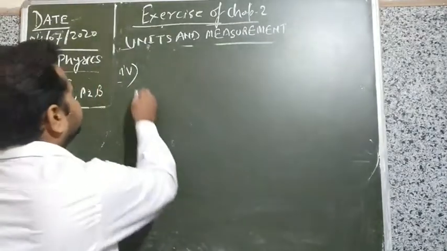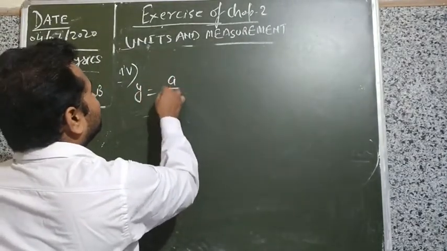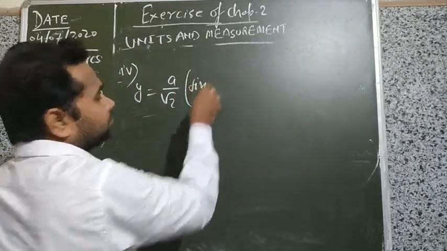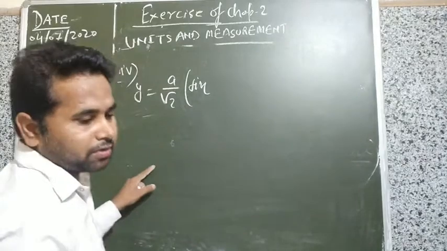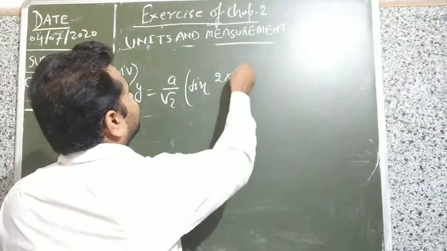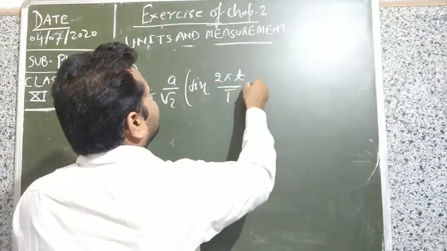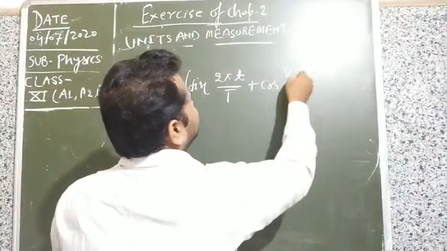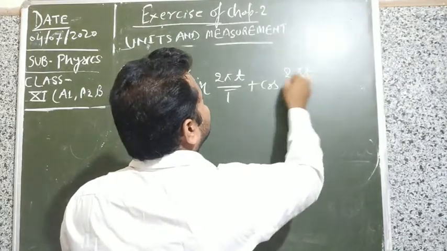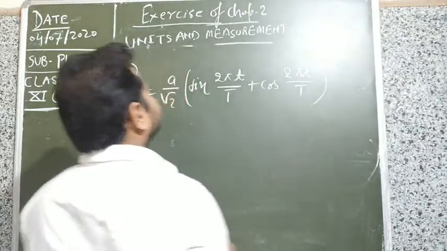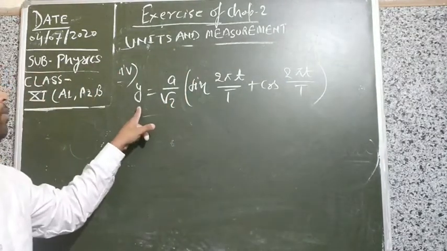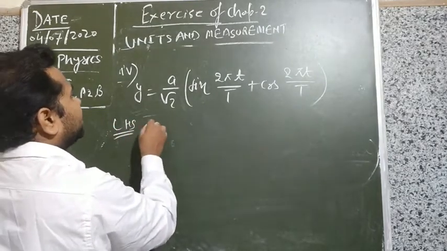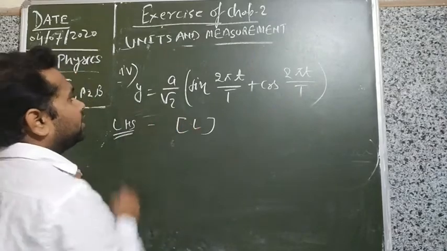Now the last, fourth, is y equals a by root 2 times sin 2 pi t by capital T plus cos 2 pi t by capital T. So let's see. The dimension of the left hand side is L because of y.